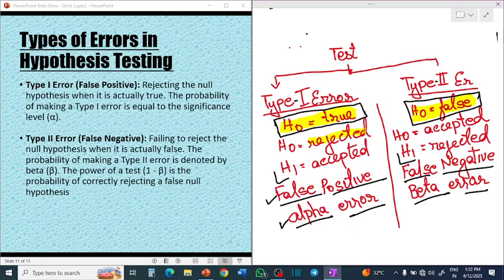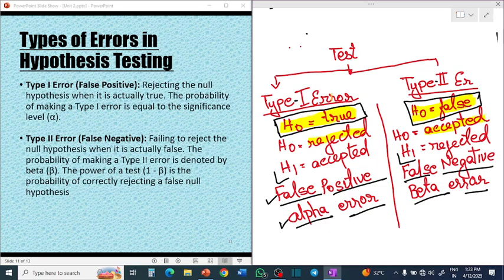An error is what? When we have made some mistake. So in the first one you can see that the null hypothesis is true, even then we have rejected it. And in type 2 we can see the null hypothesis is false, even then we have accepted it. When it is false, when it is wrong, and we still accept it, it is called an error.